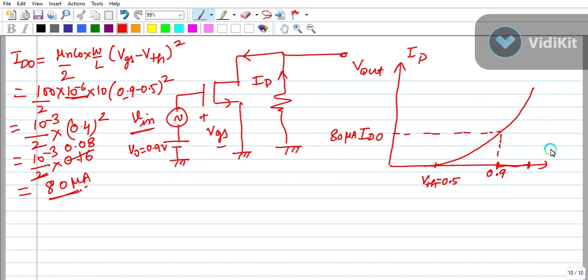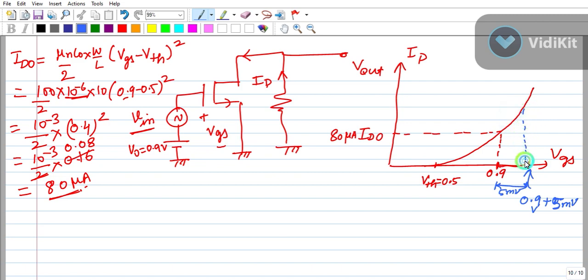This is VGS. So this point will become what? It will become 0.9 plus 5 millivolt, and this is in volt. Okay, so this much is 5 millivolt.